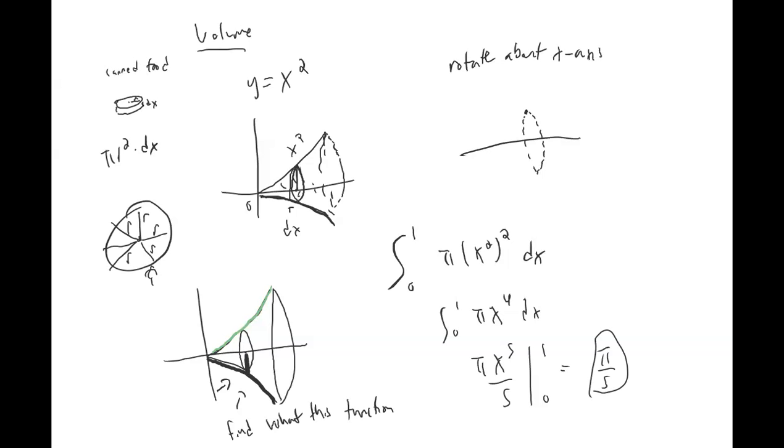So this part is called the disk method, rotating about the x-axis. This is the first case. This is called the disk method, so if you ever want to look it up online, you just type disk method. Okay.